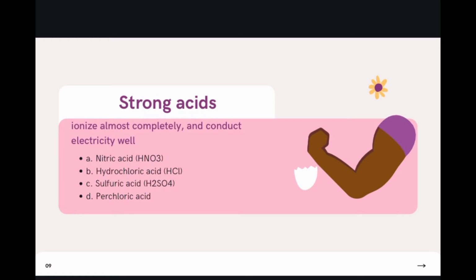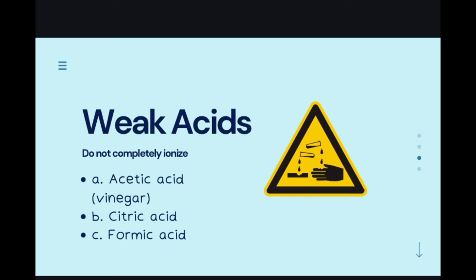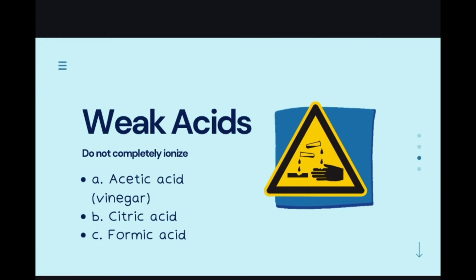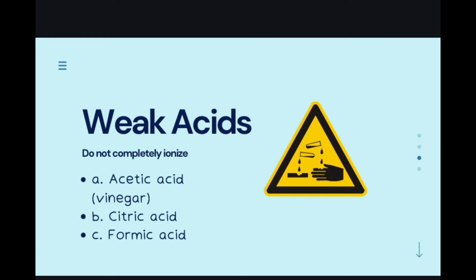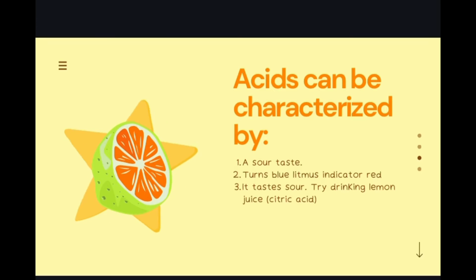Strong acids are substances that ionize completely and conduct electricity well, such as nitric acid, sulfuric acid, perchloric acid, and hydrochloric acid. Weak acids do not completely ionize, and we have citric acid and acetic acid, which is basically vinegar.